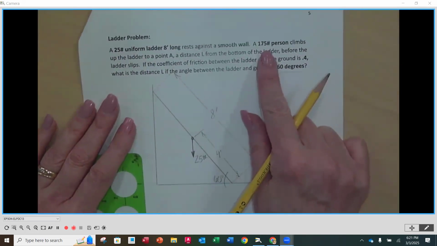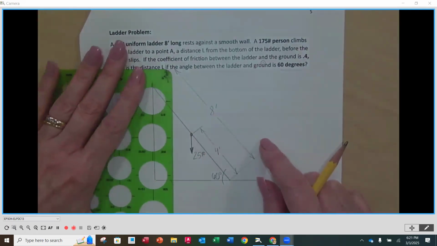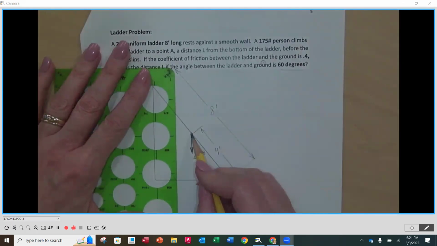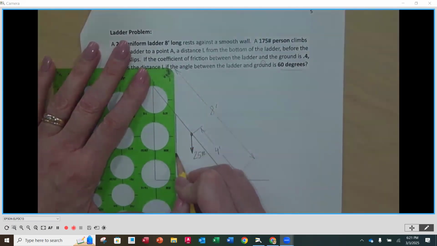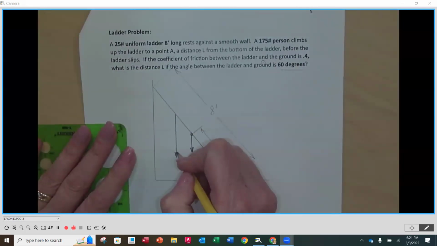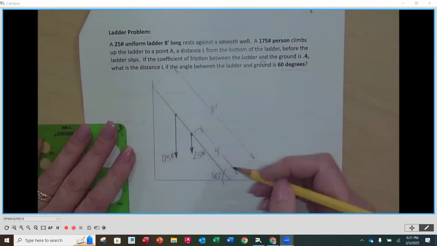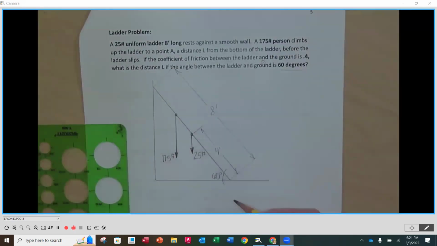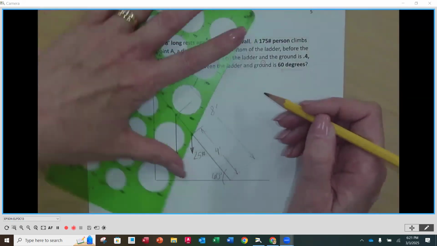Now I have a 175-pound person who is going to climb that ladder. I'm going to assume that they're going to be higher than the 4 foot. So this is going to be 175 pounds. And they're going to climb that ladder a distance L. We don't know it. We want to know how high can they climb up.